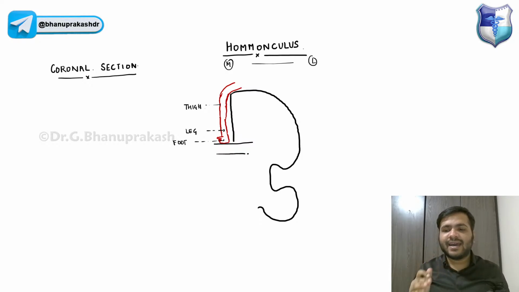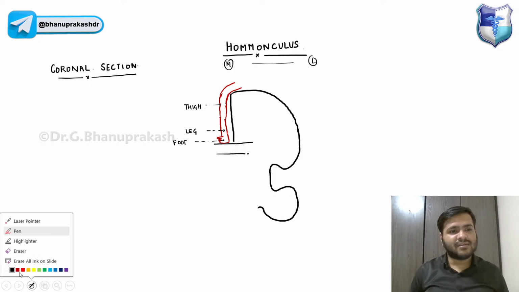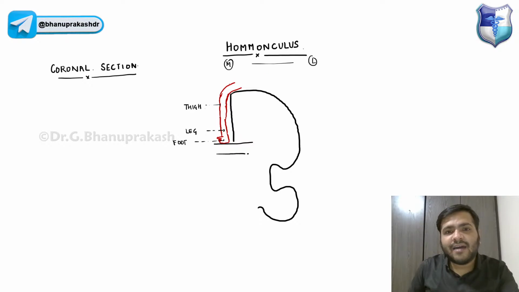So the leg and thigh, basically all these parts, are represented on the medial side. Then comes the trunk. When I say trunk, I am talking about the abdomen, the thorax, and the pelvis, all the parts below the neck, combinedly called the trunk. Please draw it like this.